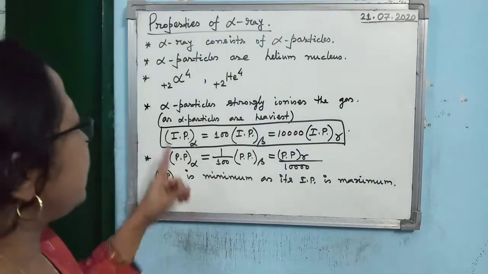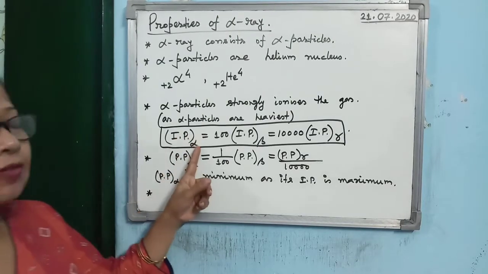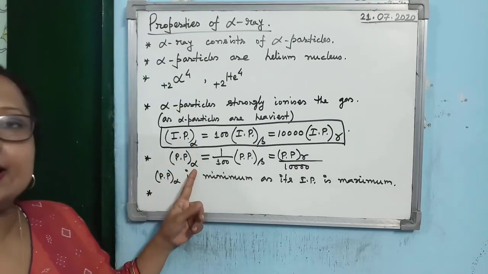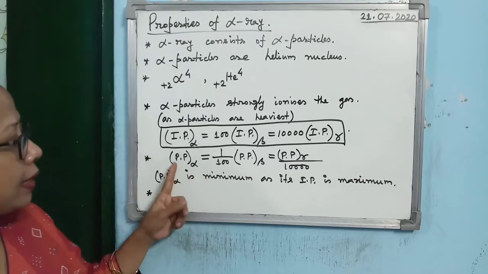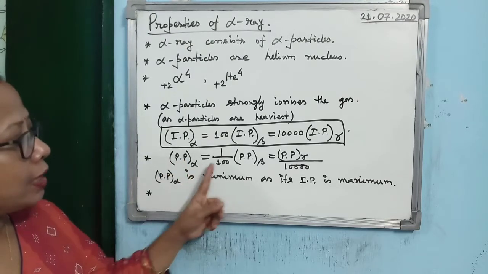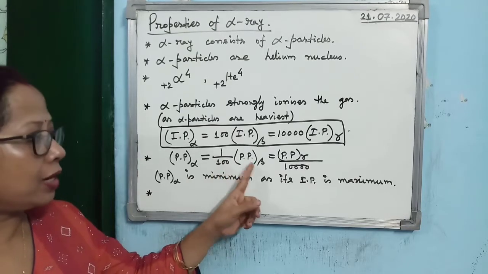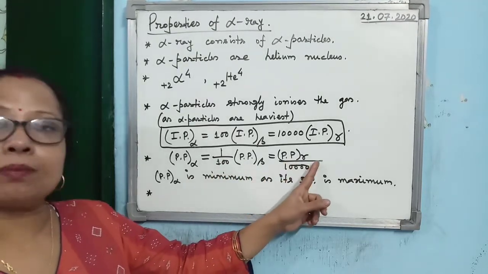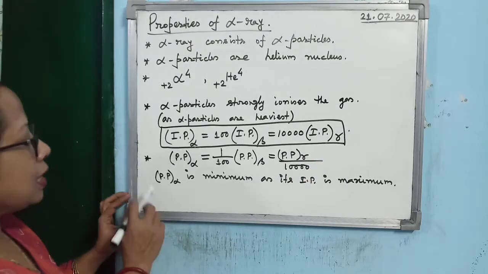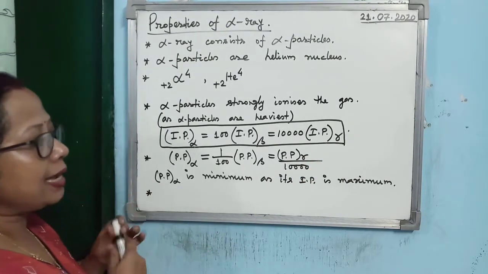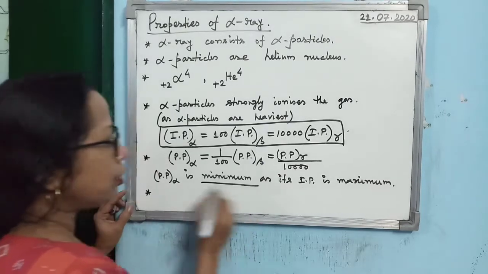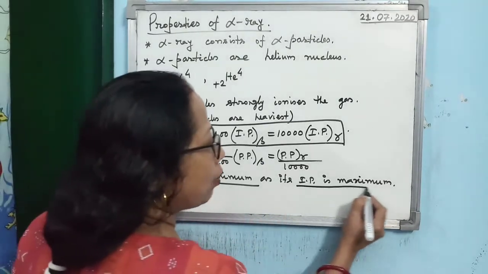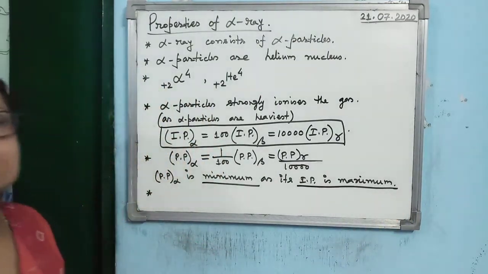That's why you see, as ionization power of alpha is maximum, penetrating power of alpha is minimum. Just look at it. Penetrating power of alpha is 1/100 times penetrating power of beta, 1/10,000 times penetrating power of gamma. Means penetrating power of alpha is minimum. Why is penetrating power of alpha minimum? Because ionization power of alpha is maximum.